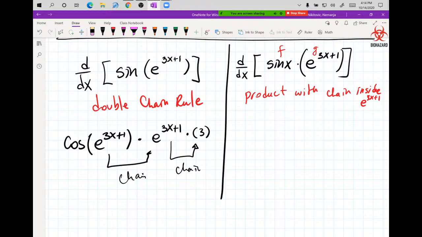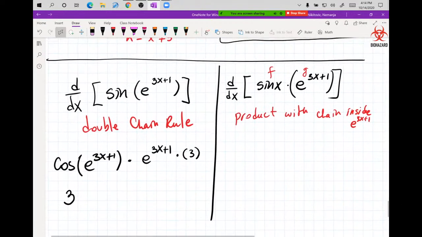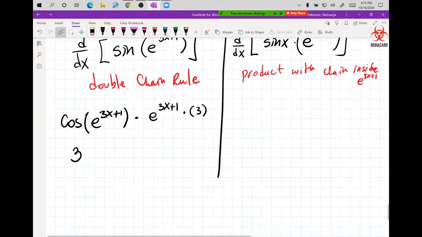It's a chain within a chain. And now all I need to do is make this look pretty, and we do that by placing 3 first. Then you put the exponential function, and then you put your trig function at the end.